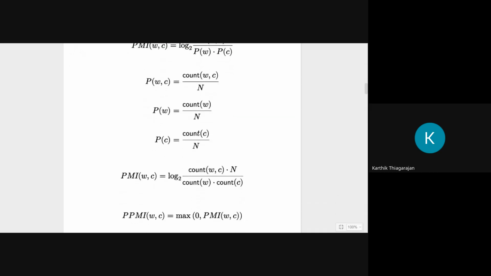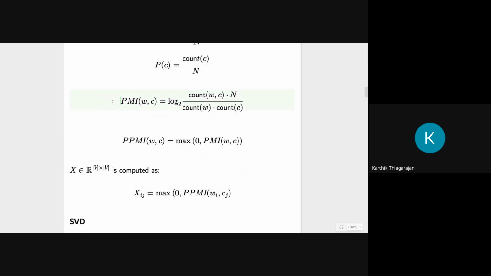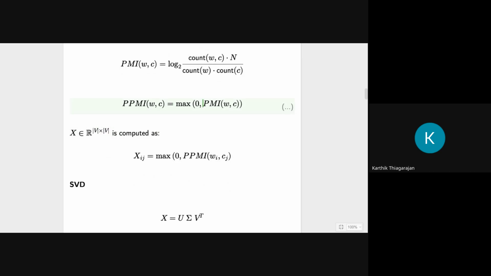Okay. Once you know the PMI, note that the PMI can be negative. So what you end up doing is you replace it with the positive pointwise mutual information. It's just like a ReLU-like thing, so it's max of 0 and PMI. Now what do you do next?